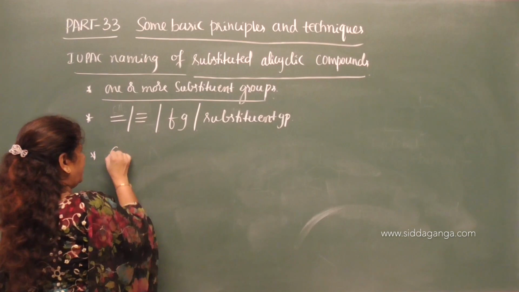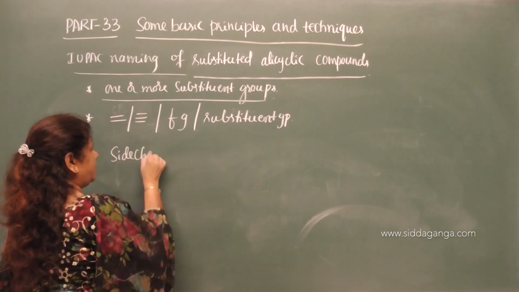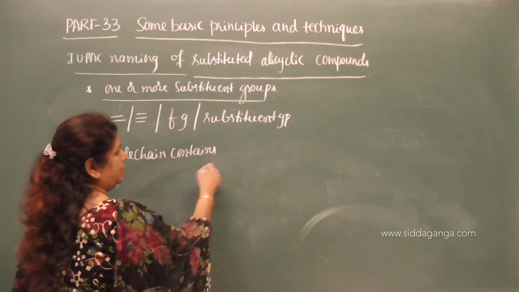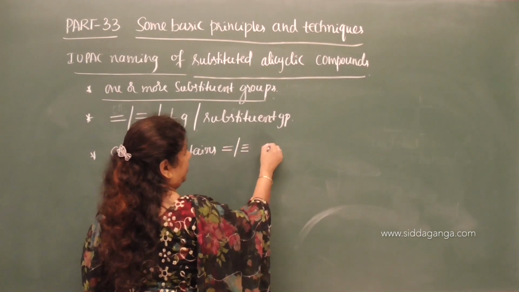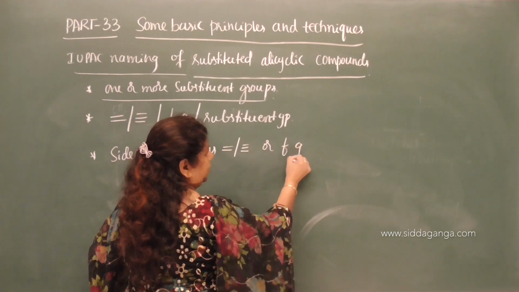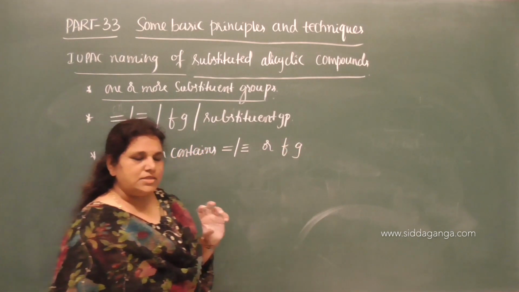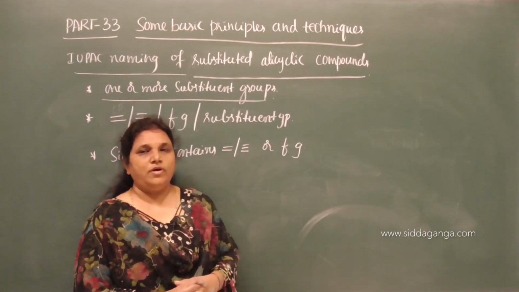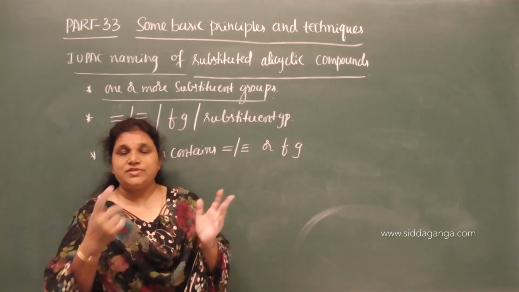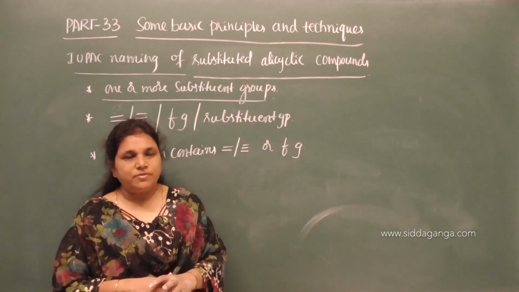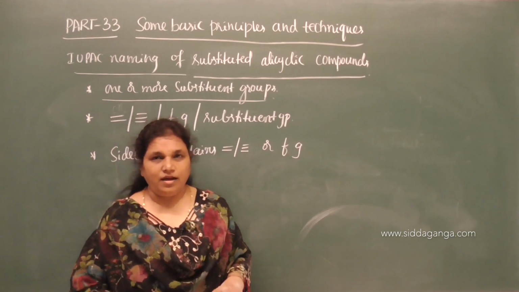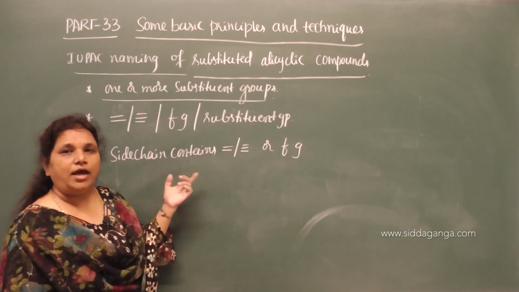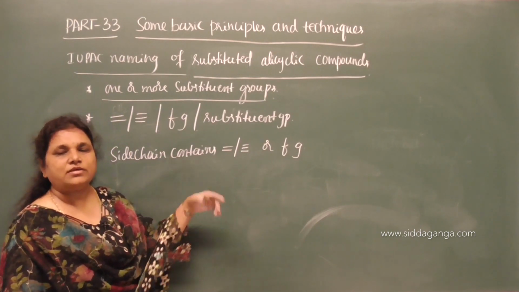If a side chain contains a multiple bond or a functional group, for example, the cycloalkane ring does not contain a functional group or a multiple bond, and the side chain contains multiple bonds and a functional group, then again we have to name such compounds as an alicyclic substituted compound.